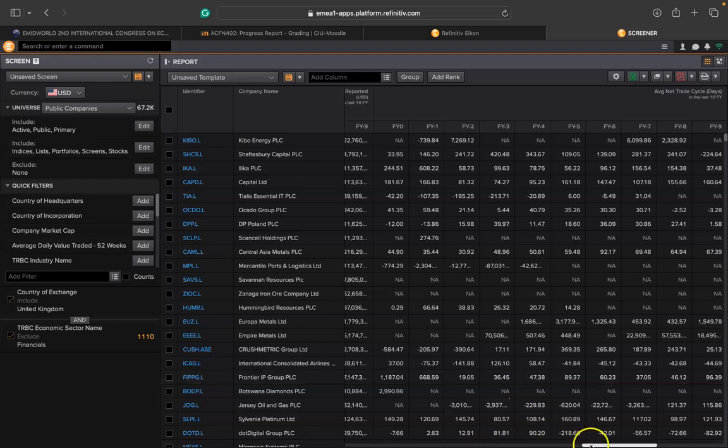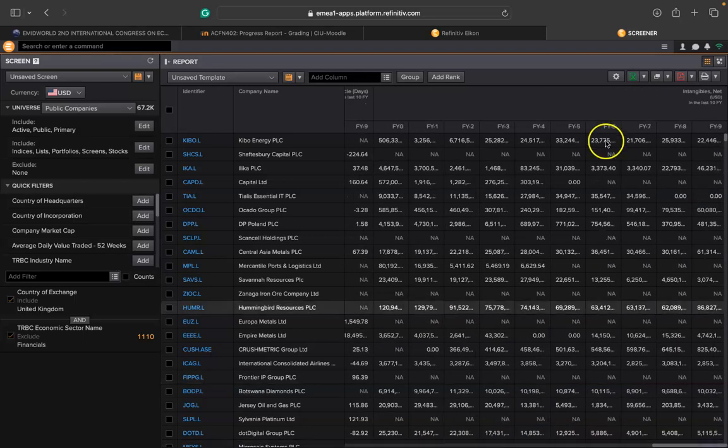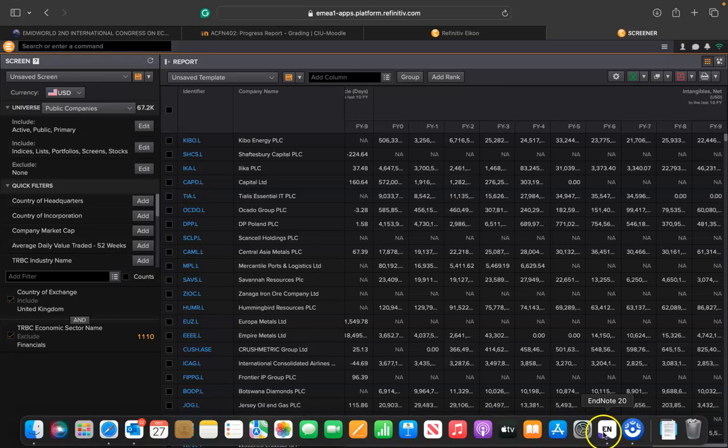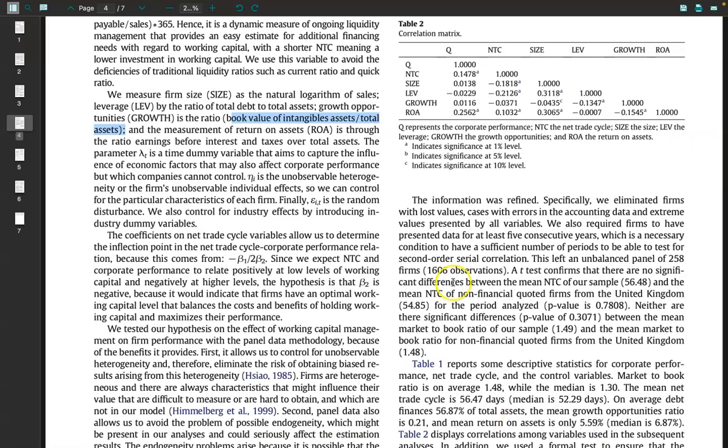Now, so I selected the 10 years, so this is the data I have. Now there's lots of NAs over here, so maybe we want to change something, explicitly use another variable, like it can be tangible assets to total assets. But because we are going to use exactly the same data, okay, I'm just going to keep it like that.